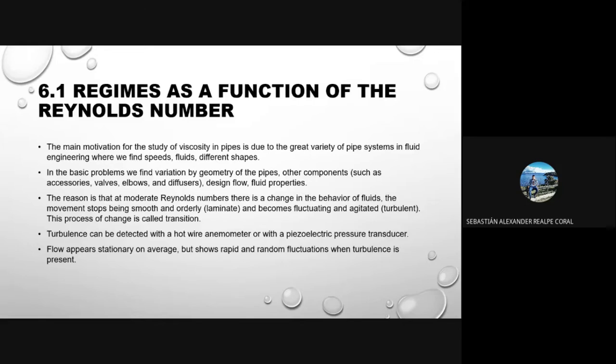Turbulence can be detected with a hot wire anemometer or with a piezoelectric pressure transducer. The flow appears stationary on average but shows rapid random fluctuation where turbulence is present.